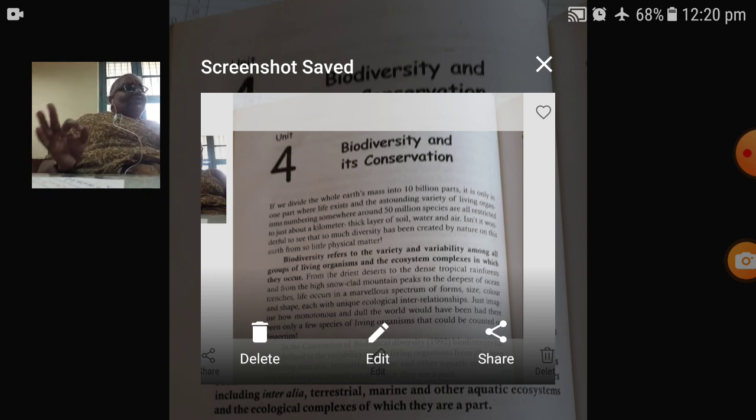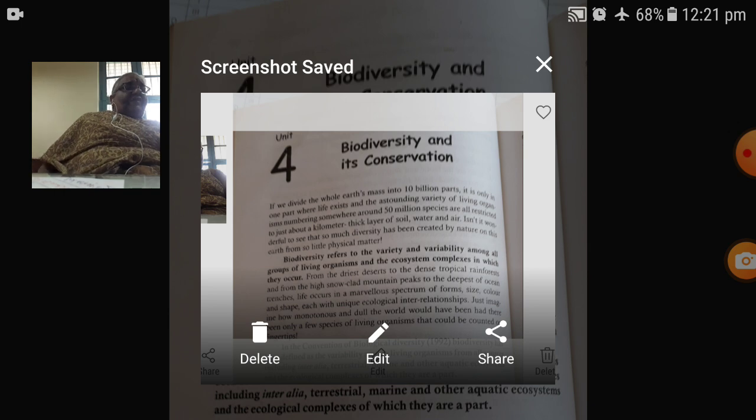Biodiversity refers to the variety and variability among all groups of living organisms and the ecosystem complexes in which they occur. That means it is the sum total of all the different varieties of plants, different varieties of animals and their variability with all groups of animals and plants, and the ecosystem complexes also where they are found to be present.